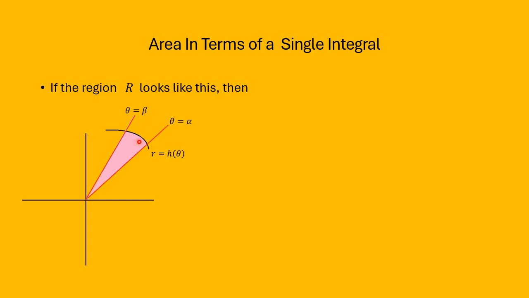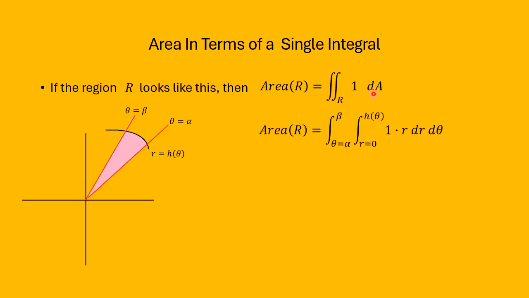These two rays go through the origin, and so this is the region right here. Well, in that case, we can say that the area of this region R is the integral over R of 1 dA, and then we can write that in terms of a double integral in polar coordinates.